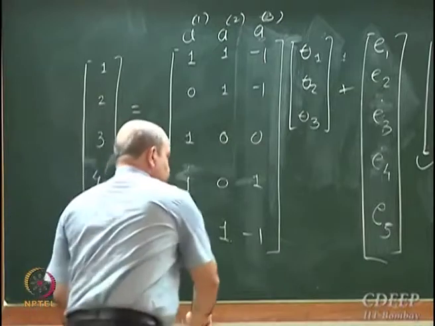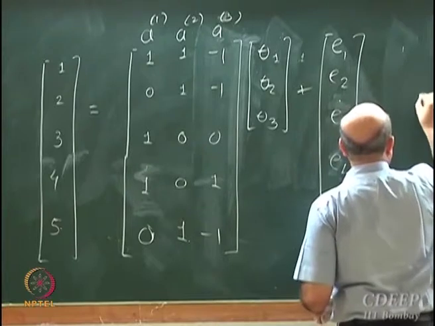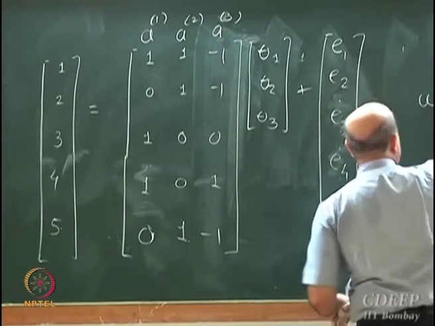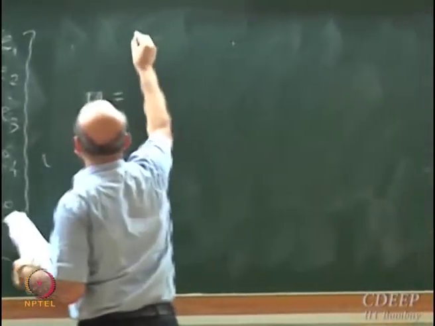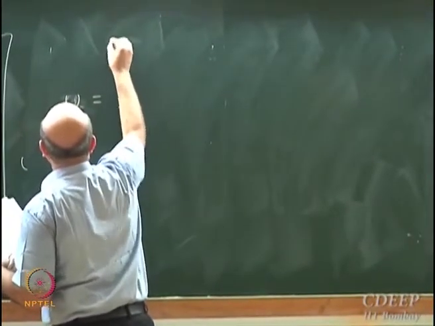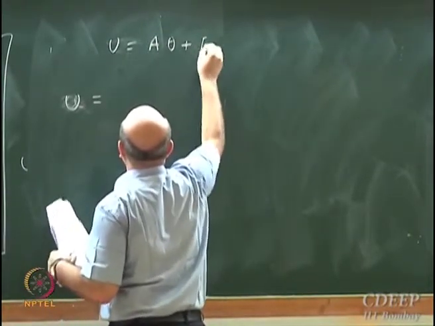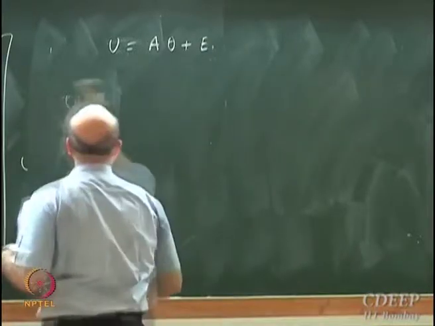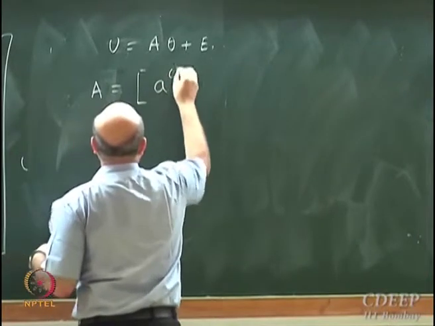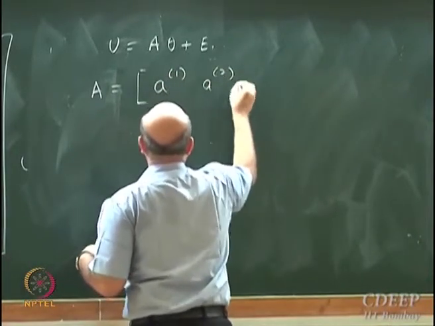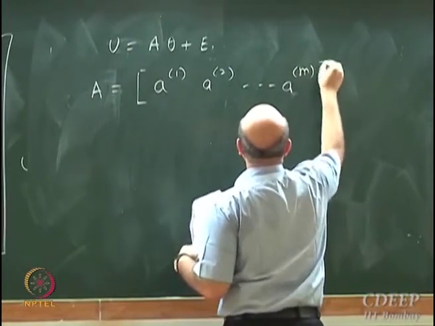So in general I can write my model as capital U. My original model is U is equal to A theta plus error, and I am writing my A matrix as A1, A2, up to AM.